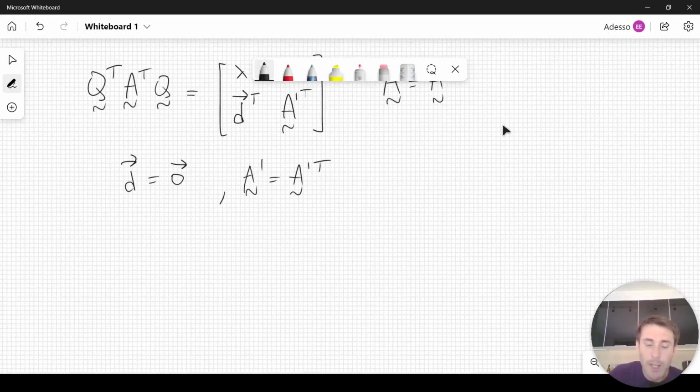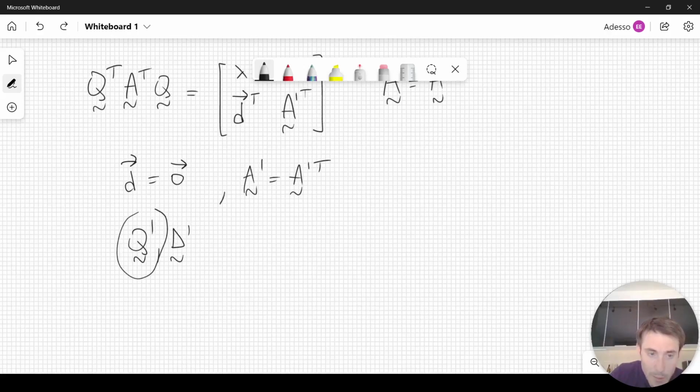But now, since A prime is an n minus 1 by n minus 1 matrix, we can apply the induction hypothesis. And it means that there exist matrices like this, Q prime, D prime, so D prime will be a diagonal matrix and Q prime will be an orthogonal matrix with dimension n minus 1 by n minus 1, such that A prime can be set equal to Q prime, D prime, Q prime transpose.